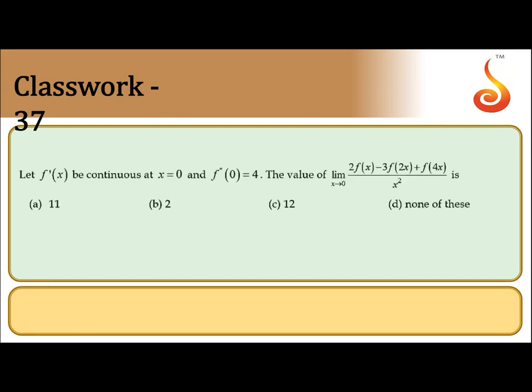Coming to 37, let f dash of x be continuous at x equals 0 and the double derivative f double dash of 0 is equal to 4, then what is the value of the limit?